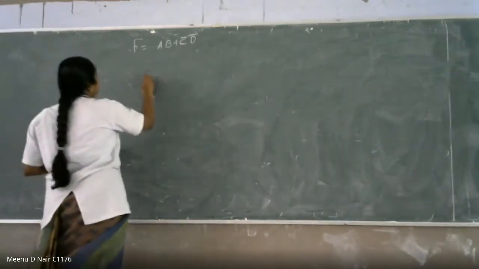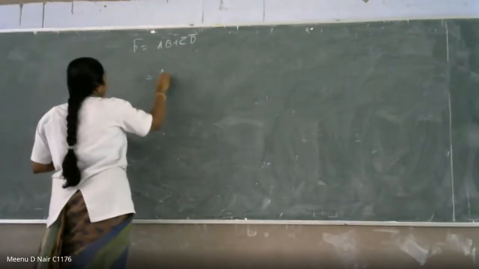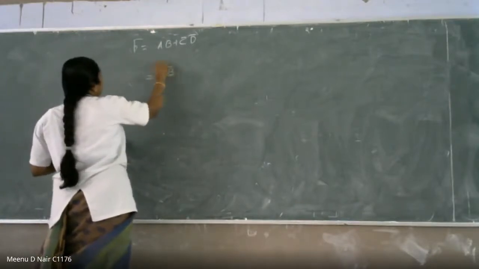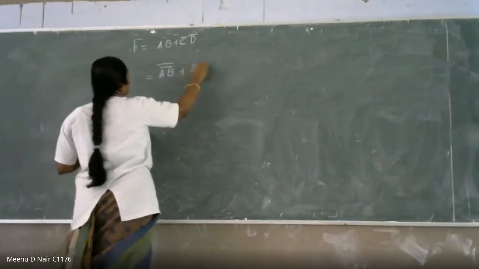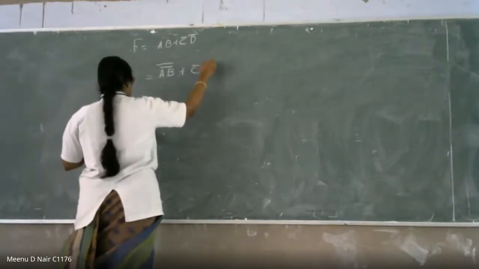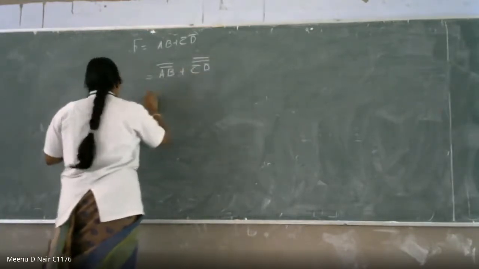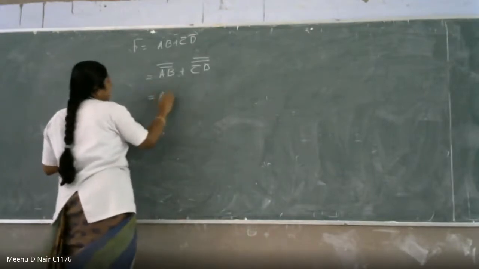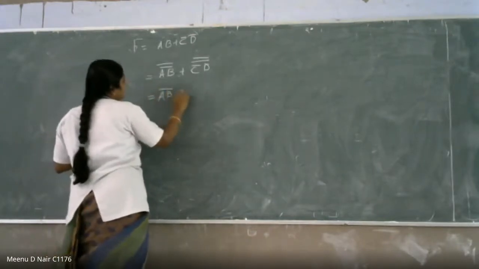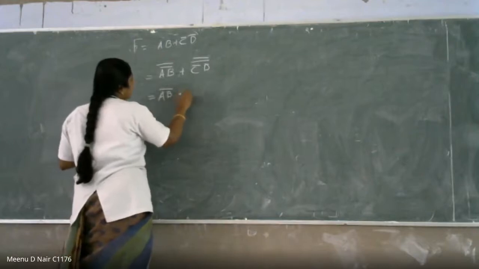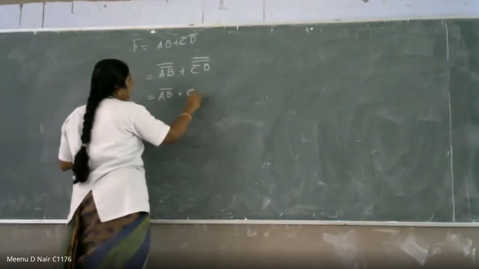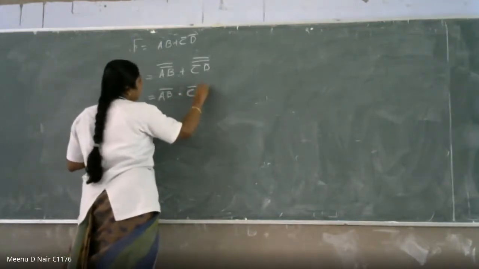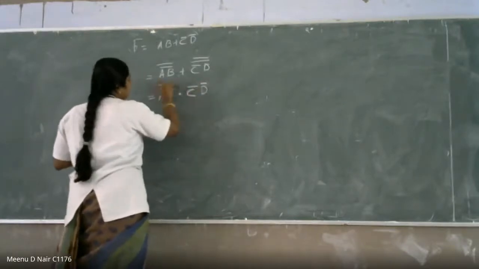So this one you can do it like this: AB double bar plus C bar D bar double bar, which you can write as AB bar into C bar D bar, this whole bar.